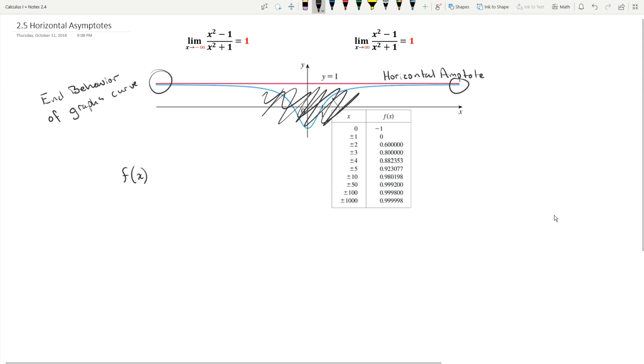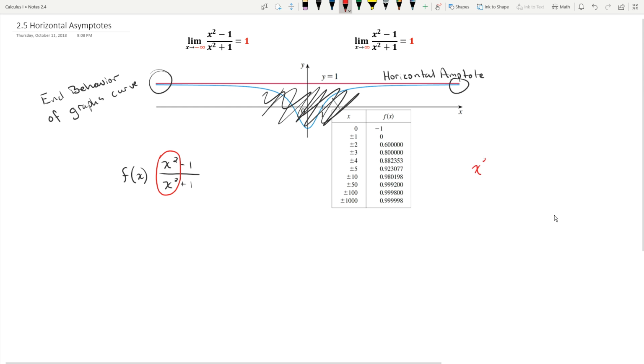f of x, and I'll bring this one down, x squared minus 1 over x squared plus 1, end behavior is always the highest power leading term. So in this case, it would be x squared over x squared that determines how this graph is going to behave.